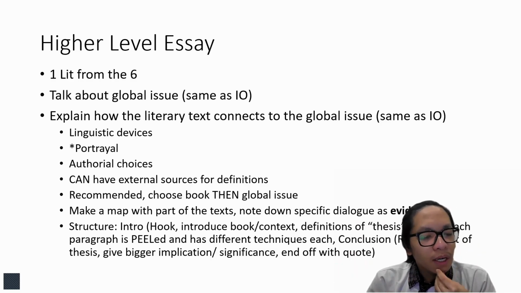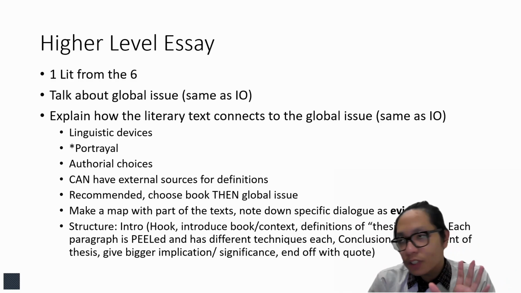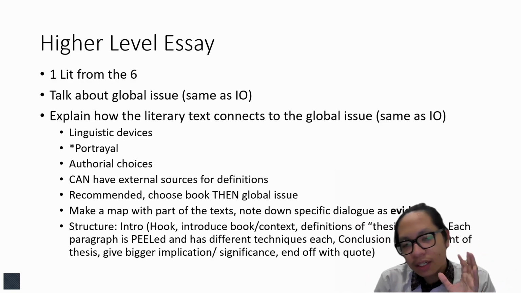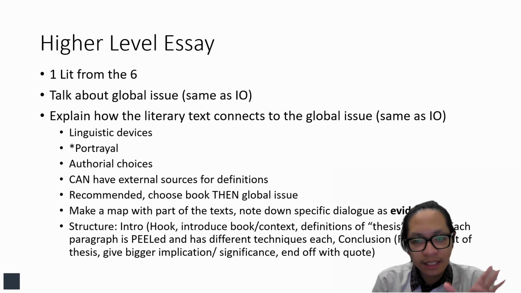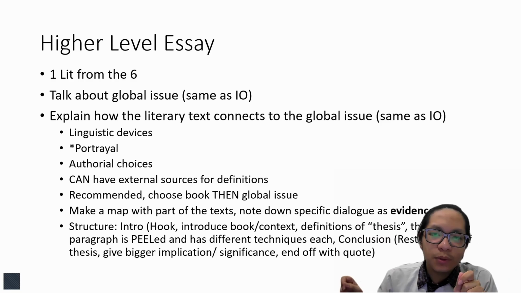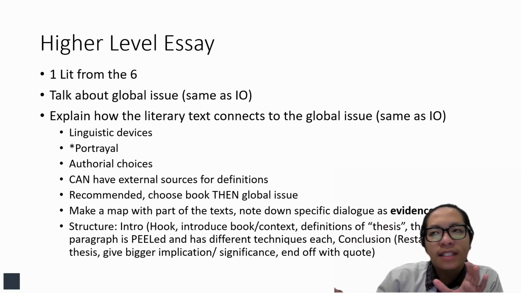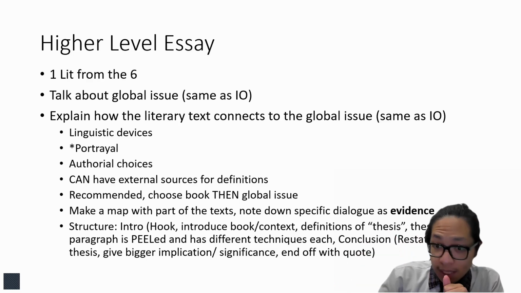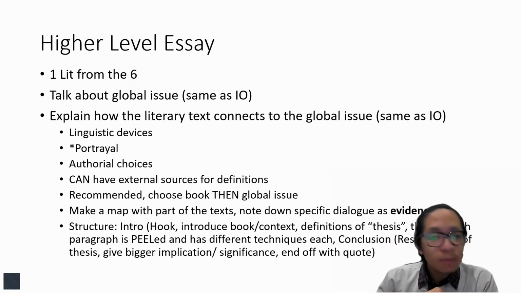Furthermore, for the structure, you're going to have this intro. It's exactly the same. You hook, introduce the book, and then the thesis. For the HLE, you could break down the thesis. So not just the body paragraphs, you break down the thesis and what the definitions are that you're looking for. For example, you have morality. Morality is defined as this, and so on.